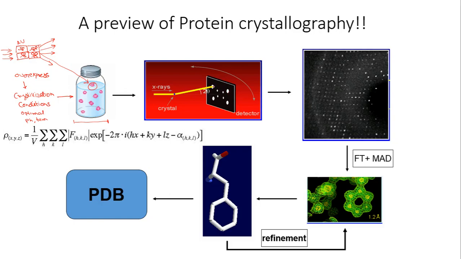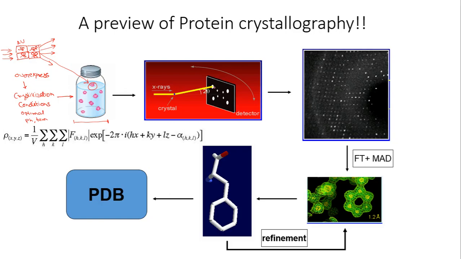So what you end up with is a set of reflections on a detector plate, and you would know their intensities as well. Your crystallographer would raise his hand and say, okay, my job is done. Here you have the set of reflections and their intensity values.